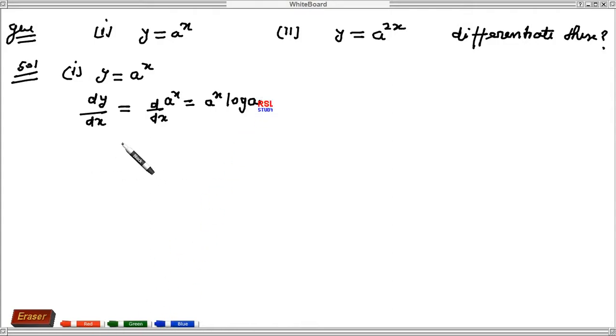Note that this a is not written as a base of a log. This a is here.